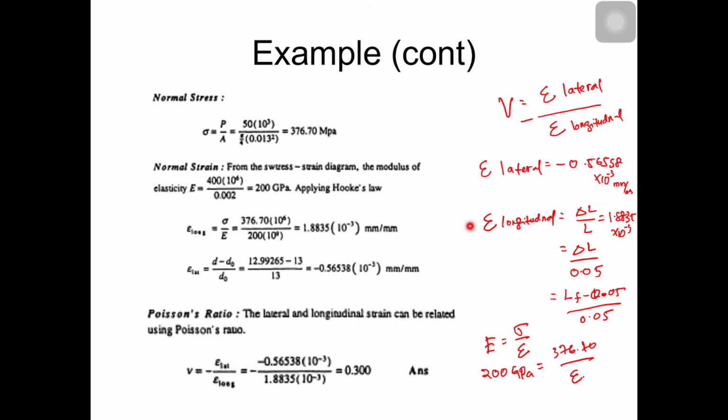So this is a bit tricky. You cannot use that equation, but you can use another equation that contains the epsilon, which is E equals sigma over epsilon. So you get both epsilon longitudinal and epsilon lateral, and you can find the Poisson ratio. Or from here you get sigma, right?